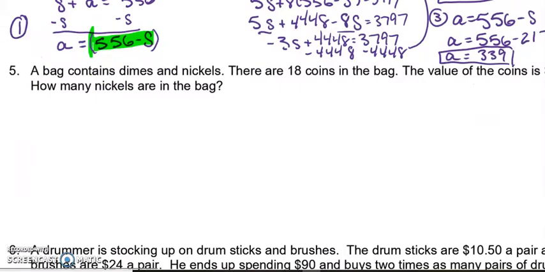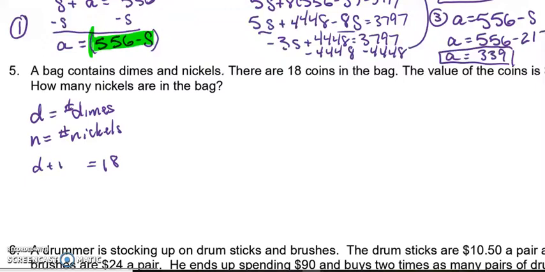Number 5, I'm just going to set up. So dimes are worth 10 cents and nickels are worth 5 cents. We're talking about dimes, so D equals the number of dimes. N equals the number of nickels. There are 18 coins in the bag. The 18 coins are made up of dimes and nickels. So that's a total.